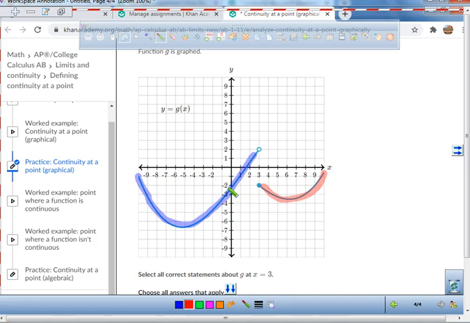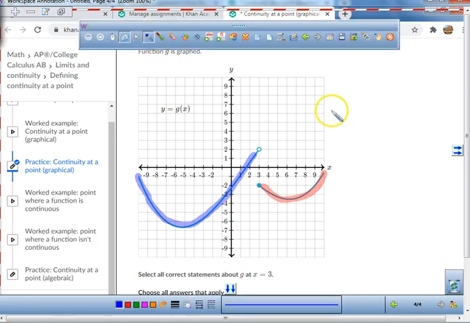If I were to write this down, here's what I would say, ready? The limit of g of x approaches 2 as x approaches 3 from the left.